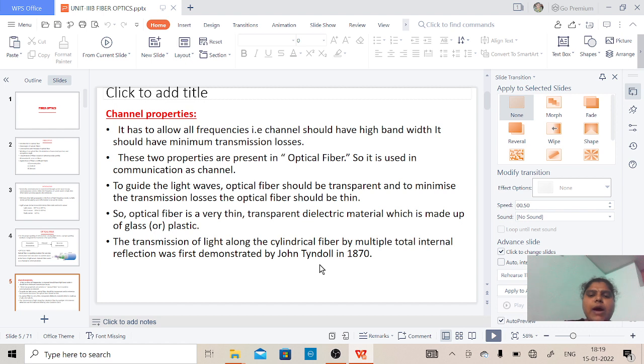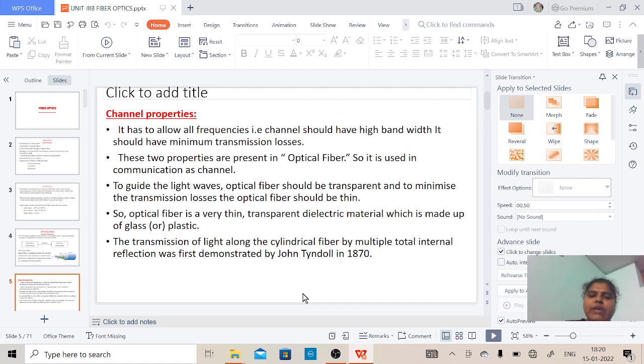By using these fibers, we can't say the loss is zero, but it is completely negligible. That is why these fibers play a major role nowadays. These two special properties are present in optical fiber, so we use this fiber as a channel in our communication system.